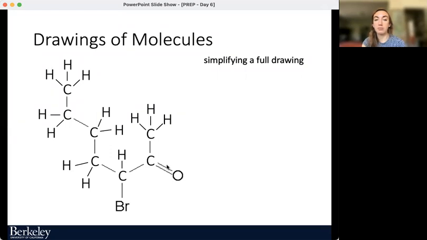I think when it's all drawn out like this, people tend to be okay with interpreting that. So each of these single bonds is 2 electrons. This double bond is kind of like 2 single bonds, and so it's 4 electrons. Does anybody have any questions about what this molecule is or how to read this?